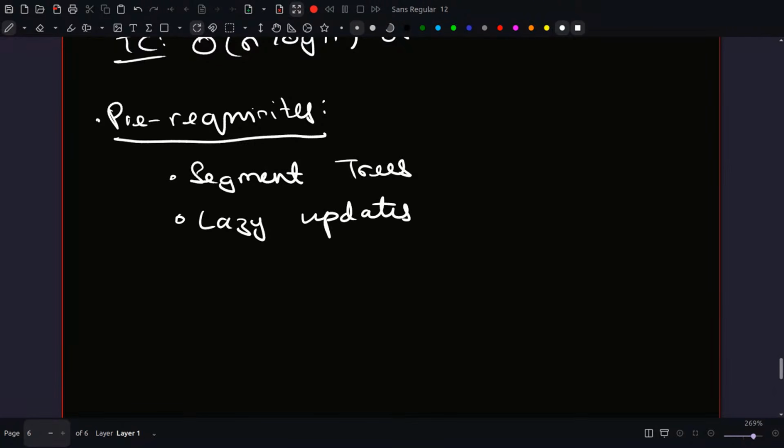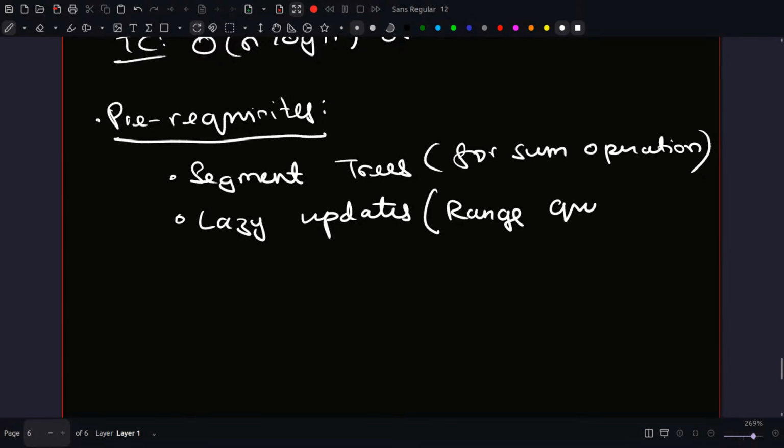Even if you don't know the theory behind it, you need to at least know that it exists and how it works. Lazy segment trees can do range updates, and range sum and range queries we can do. So these two things you need to know.